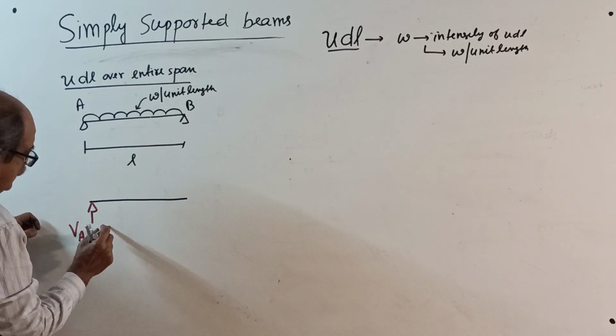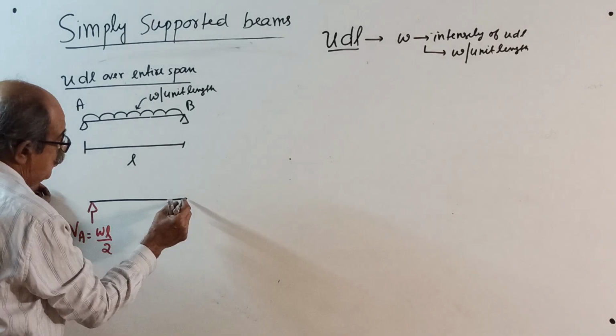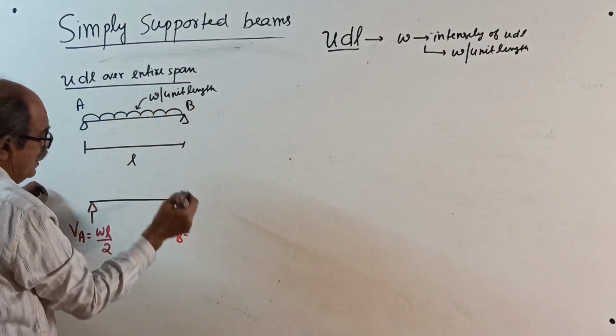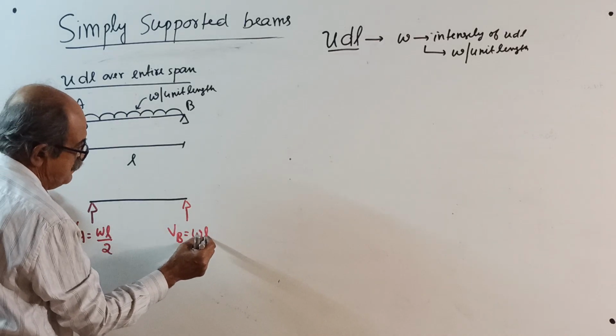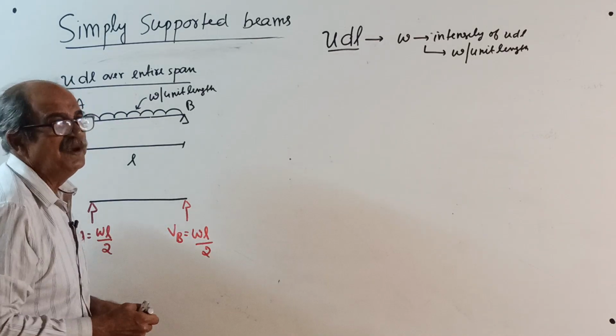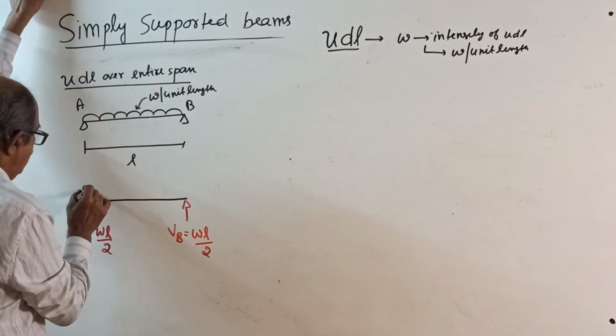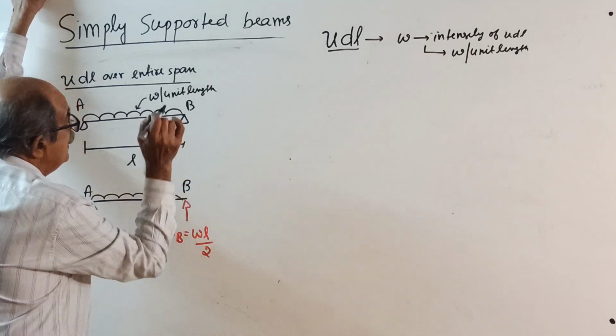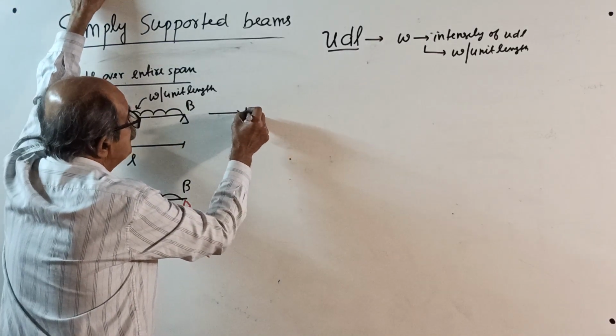VA equals WL by 2. Why? Because total load divided by 2. Total load is W into L. Sorry, I should not waste time. This all explained so many times earlier. VB is also WL by 2. This is the answer. Now make a note.